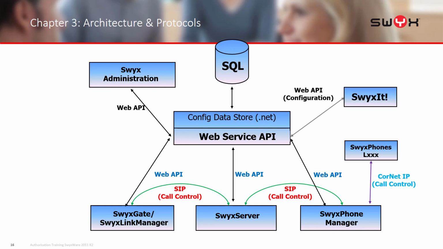And then finally, Swyxit. Swyxit, obviously our soft client, needs to get information out of the SQL database, again for buttons and profiles, etc. But when it comes to call control messages, like Phone Manager, these call control messages are standard SIP messages. So that's the way the different parts are talking and how we access data.